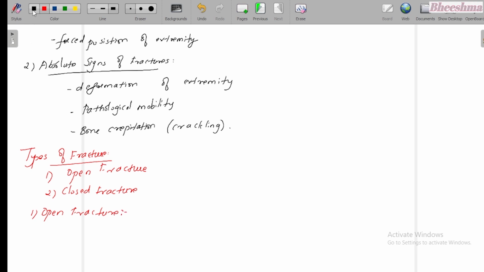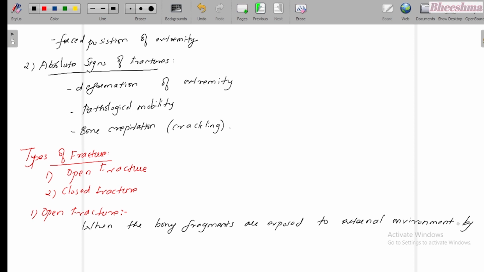Open fracture is when the bony fragments are exposed to the external environment by means of wound.